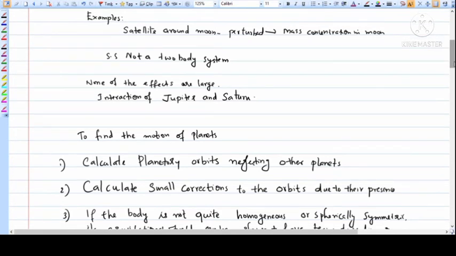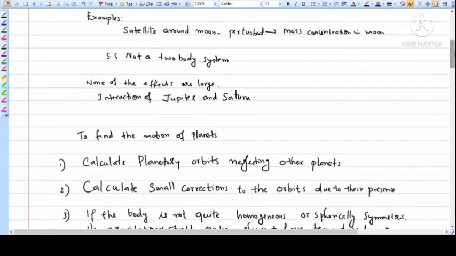And one thing, fortunately none of these effects is particularly large. Most of the mass of the solar system is in the sun, so the attraction of the planets for each other is quite feeble.